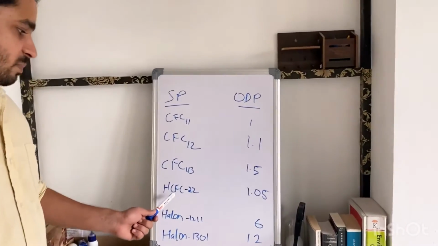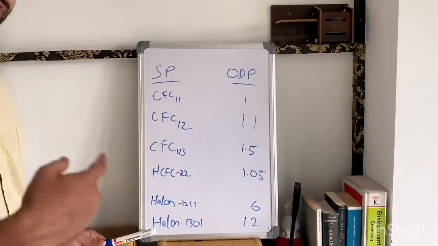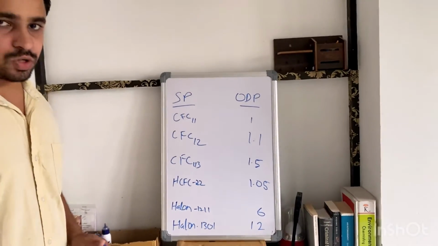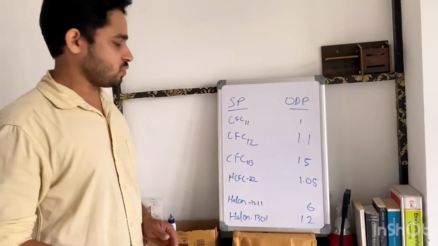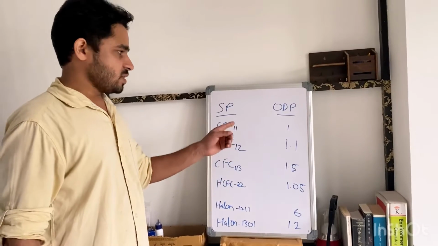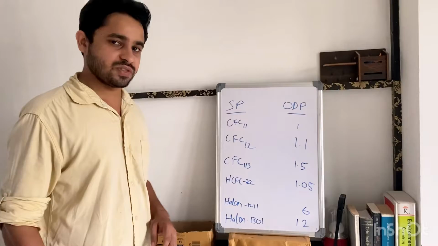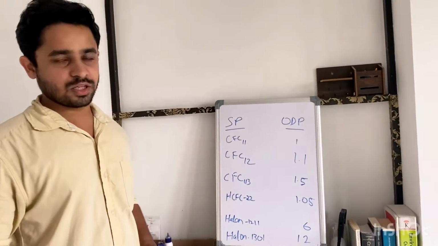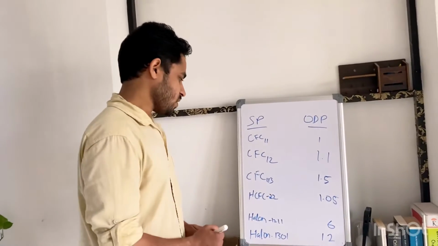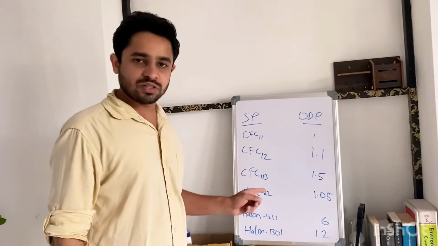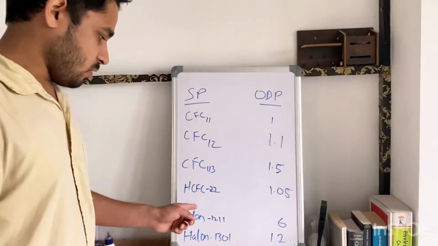The ozone depletion potential of HCFC, which is hydrochlorofluorocarbon, is 1.05. Do you remember in our previous videos we discussed CFC? First it was CFC, then it became HCFC, then it became HFC. I hope you remember that. If you don't, just go back to our previous videos. The ozone depletion potential of HCFC 22 is 1.05.